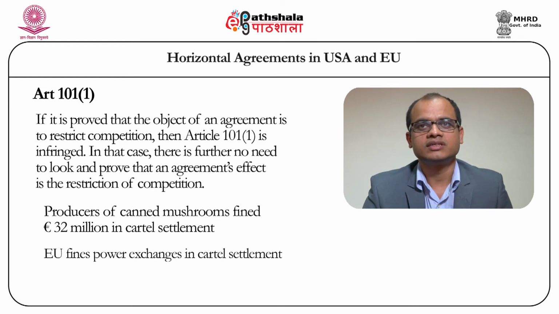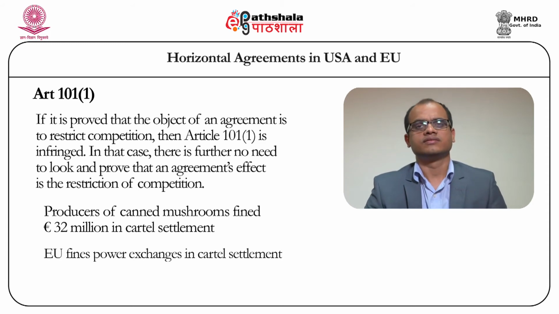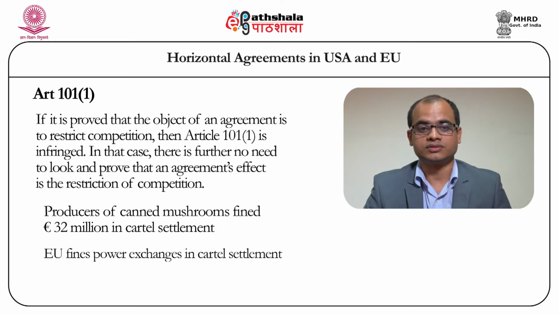One other important aspect is the appreciable effect on competition, and here we see the de minimis rule. This doctrine of de minimis, which stems from an earlier case, the Volk case decided by the European Court of Justice, provides a safe harbor for minor agreements between companies which are below certain market share thresholds.